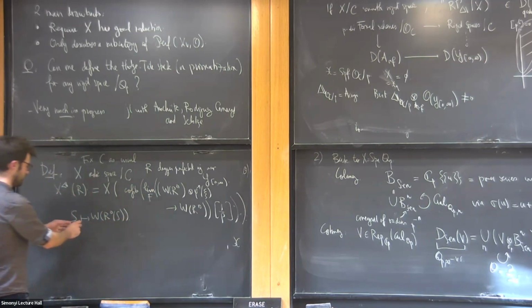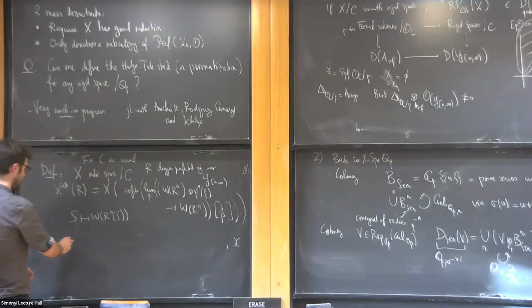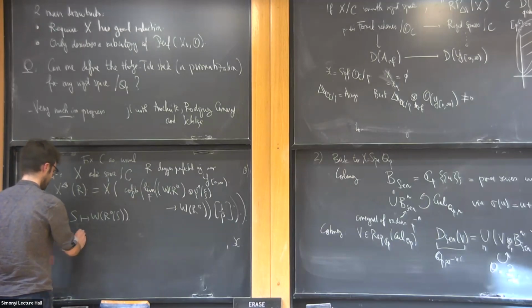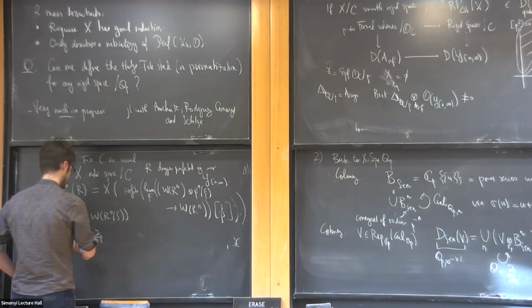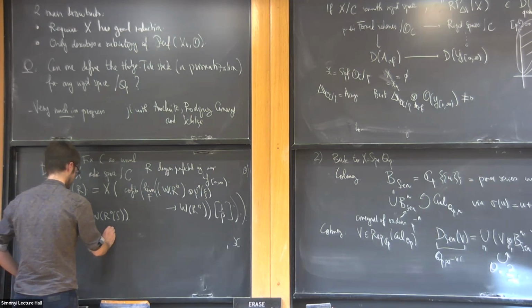It will be represented by a certain colimit of theta of the graphs.